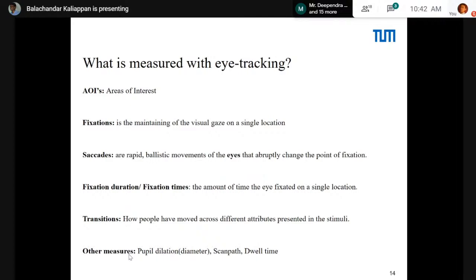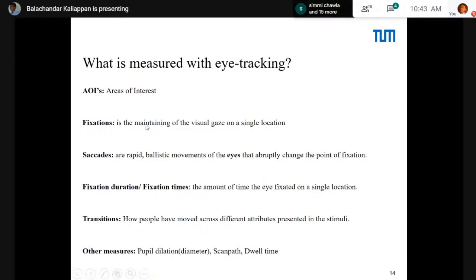When you're in your bedroom and the lights are off, your pupil will enlarge to get more light in. In the other case, when you're in the bright sun, your eyes will not dilate; they will shrink down to receive only a little light. We can also capture that, and there are many other aspects that we can do with eye tracking.